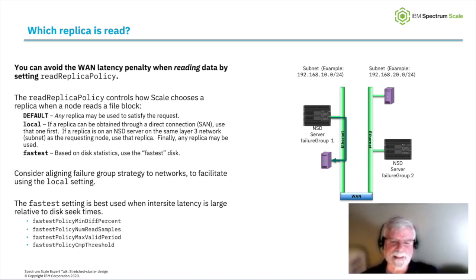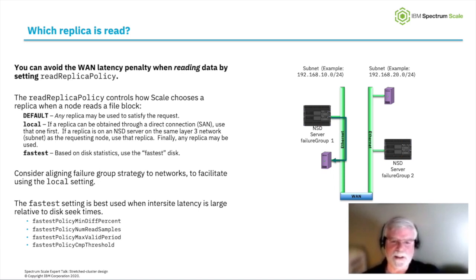But most of the time you'll be using the most responsive disk for reading. Now, if your WAN latency is large relative to the local disk latency, then the fastest setting will work pretty well. So if your storage is flash and you've got a WAN of several milliseconds, then the fastest setting will work. The problem is that if you're using hard drives for your disks, the latency of a hard drive for an 8 megabyte write is going to be on the order of 12, 13 milliseconds, and that's often going to be very comparable to your WAN latency in a stretched cluster.